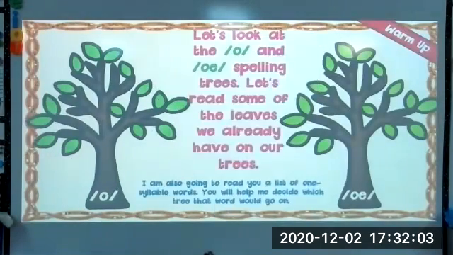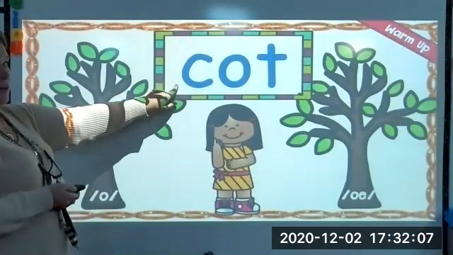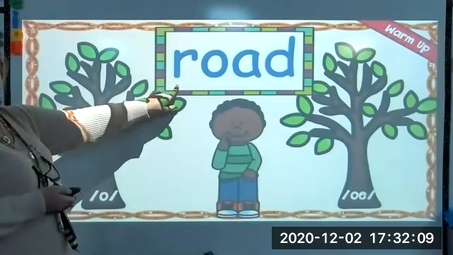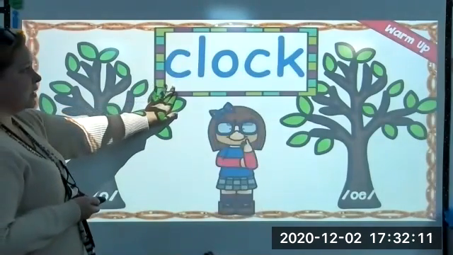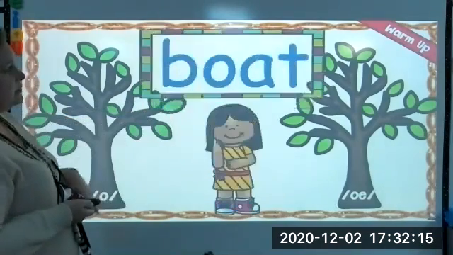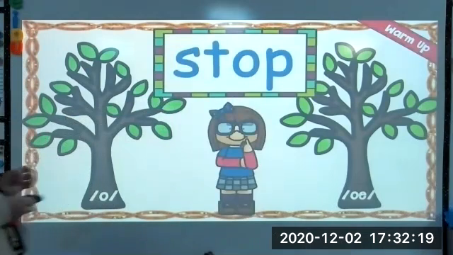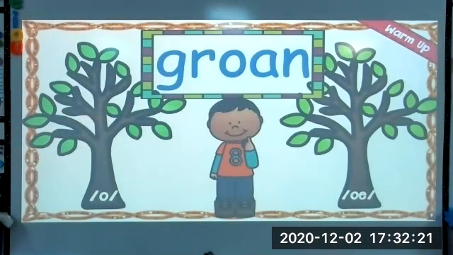So let's read these words together, okay? We have hot, caught, road, clock, toast, got, boat, foam, stop, and groan. Very good, guys.